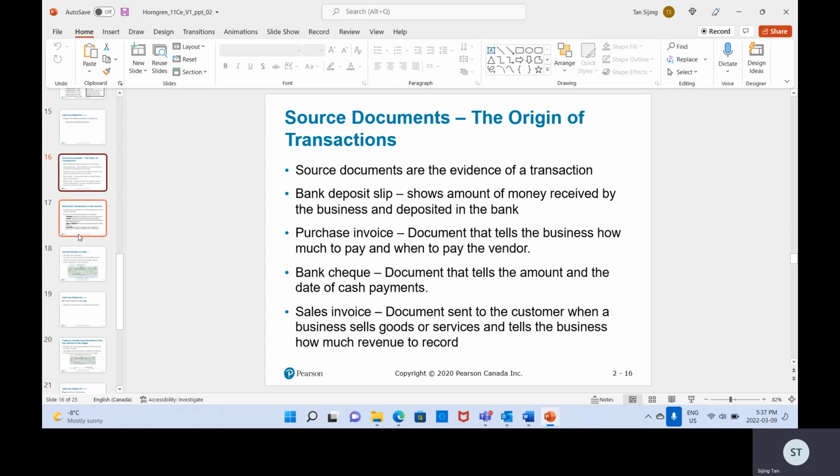Purchase invoices tell the business how much to pay and when to pay the vendor. A bank check tells the amount and the date of a cash payment. Sales invoices are sent to the customer when the business sells goods or services and tell the business how much revenue to record. Those are examples of source documents.